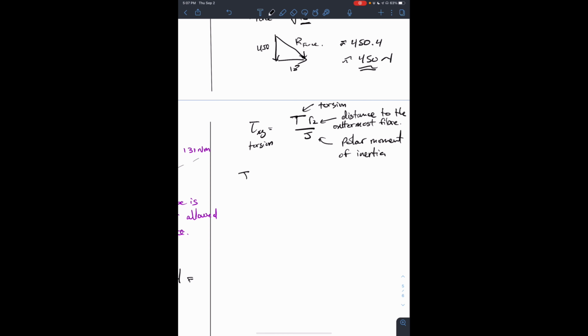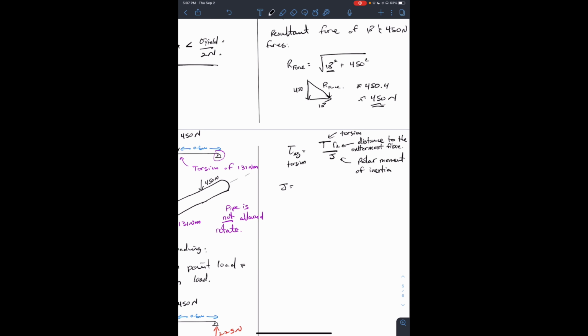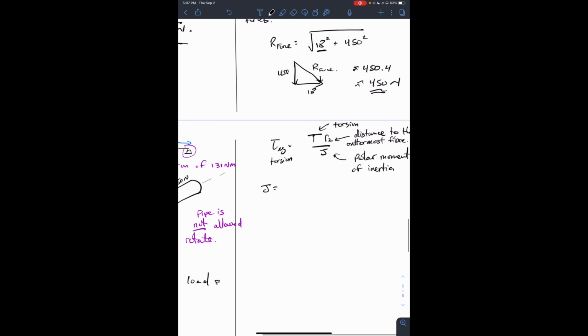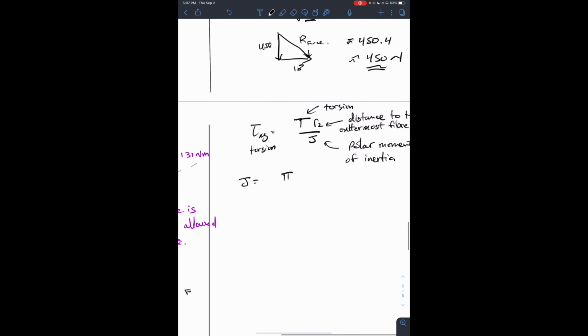Right, so calculation of J, this value you could get from the internet or back of the textbook. I would have also, it was supposed to be in your strengths notes also. J is half of your value of I. So we have pi on 2, R2^4 minus R1^4.